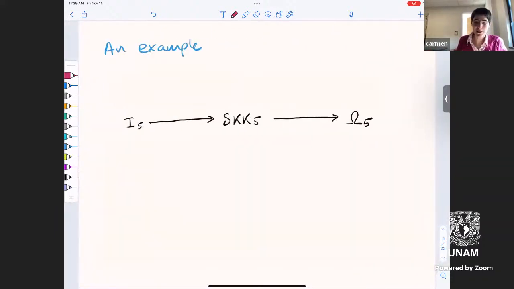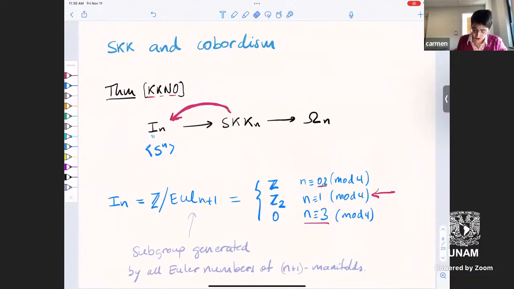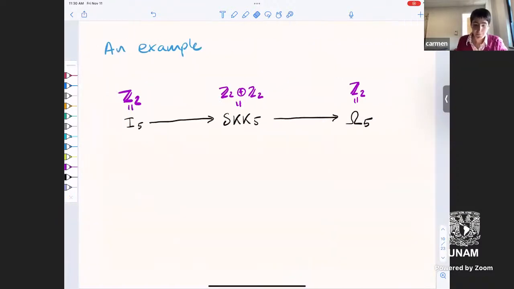So let's look at the sequence in dimension 5. This is one of the interesting ones, one of the 4k plus 1 situations. In dimension 5, we know that the cobordism group is generated by the Wu manifold. So that is just Z2. We also know from the previous slide that my kernel over here, since I'm in the 4k plus 1 situation, is Z2.